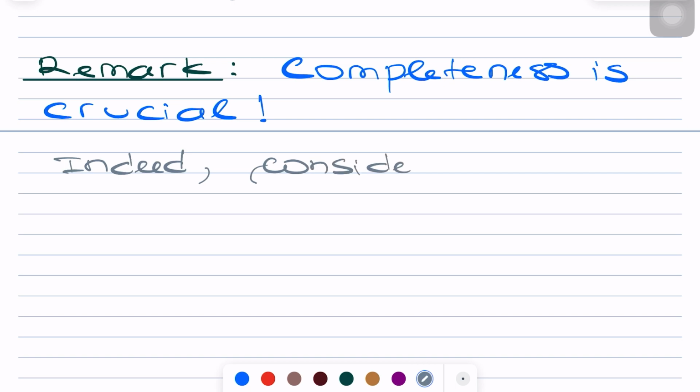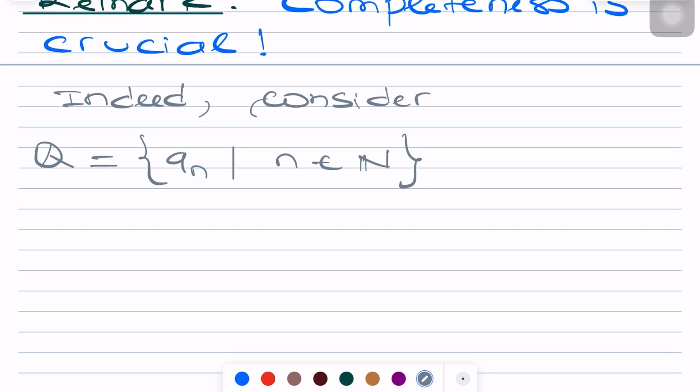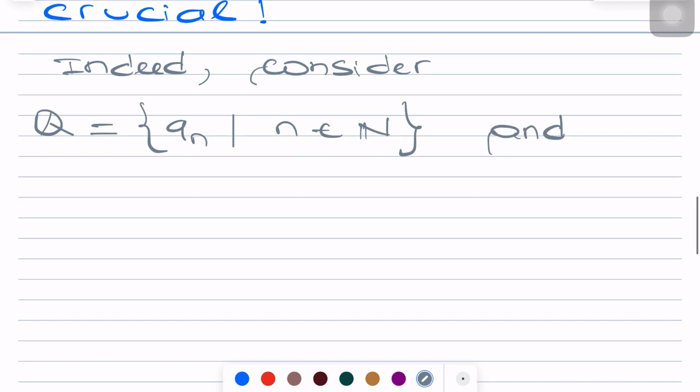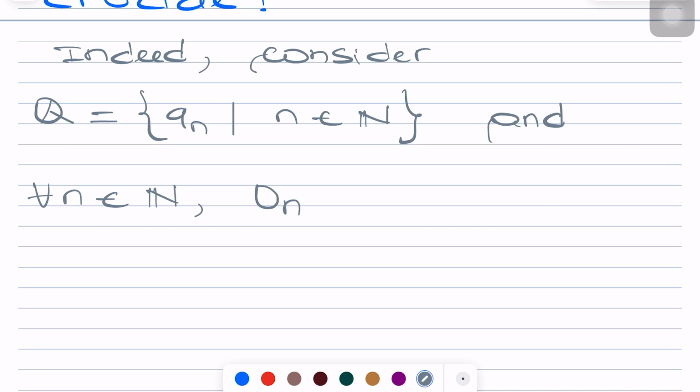Consider Q equals the set of q_n, n in N. So let's consider the set of rational numbers and consider the sequence. For every n in N, consider the sequence O_n, which is nothing else than Q minus {q_n}.